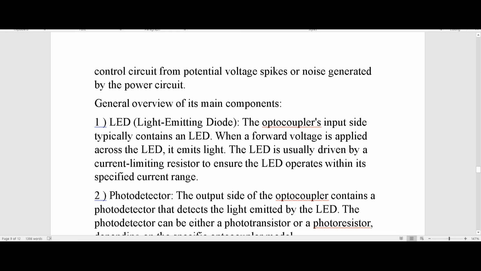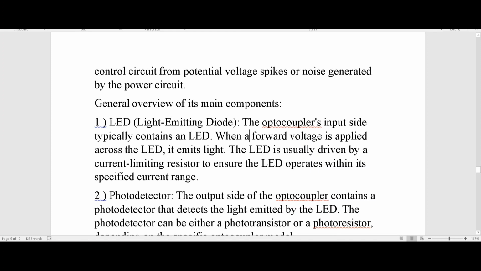Now, if we dive deep into the general overview of the main components of an optocoupler, what does an optocoupler have? It has an LED and a photodetector. The LED is a light emitting diode that emits light. The optocoupler input side typically contains an LED. When a forward voltage is applied across the LED, it emits light.